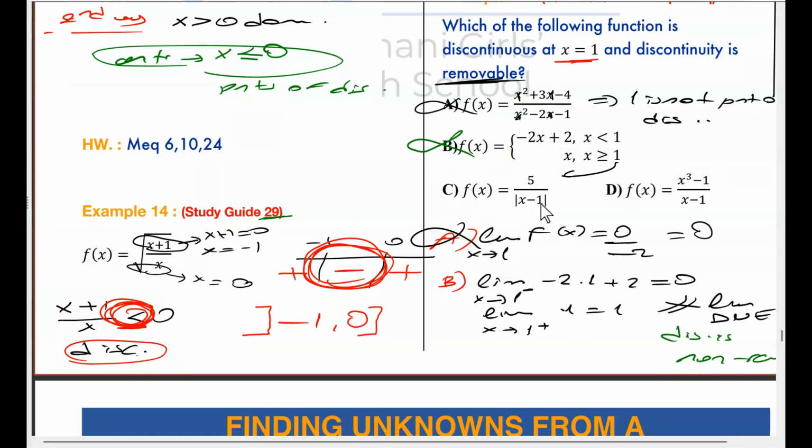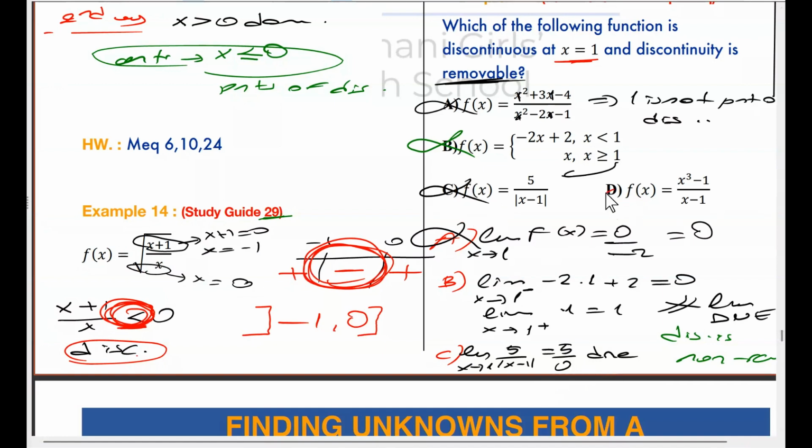Option C, there is an absolute value. Option C, limit as x approaches 1 of 5 over x minus 1. When you insert 1 back, it's 5 over 0, undefined. So the limit does not exist. That's not your answer either.